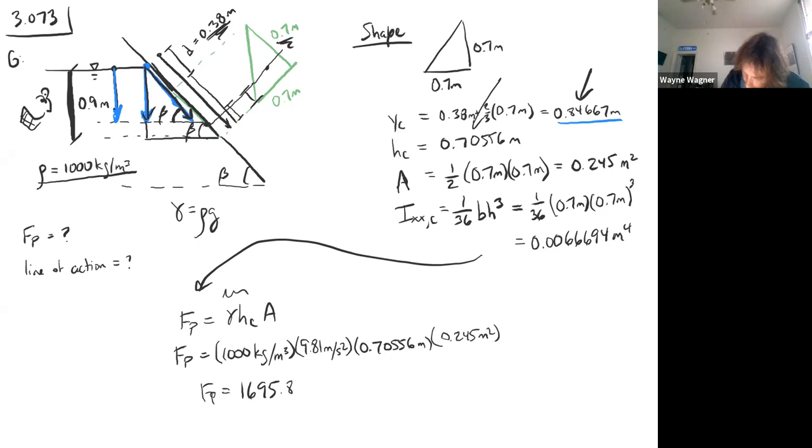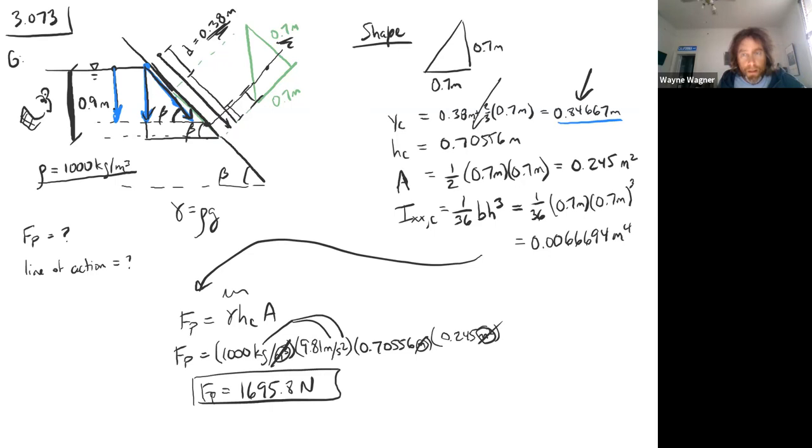We've got meters cubed canceling with meters cubed, gone. Kilogram meters per second squared, so that's mass times acceleration, so that's a Newton. Beautiful. And we're matching the book, so that's good. Since we boxed it, we want 3 sig figs, so it'll be 1.70 kilonewtons.